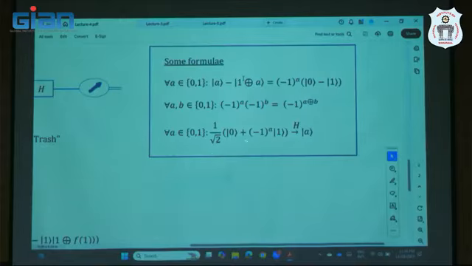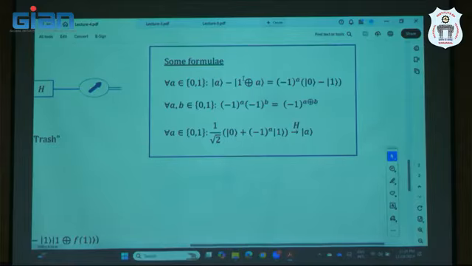Put the value of A to 0. This is ket 0 plus ket 1. Where does it go to? Ket 0, right? Hadamard transformation. Remember, the Hadamard transformation takes ket 0 to 1 over square root 2 ket 0 plus ket 1. And Hadamard is its own inverse. So it takes 1 over square root 2 ket 0 plus ket 1 to ket 0. It takes ket 1 to 1 over square root 2 ket 0 minus ket 1.